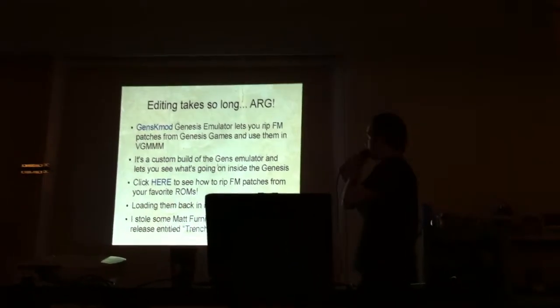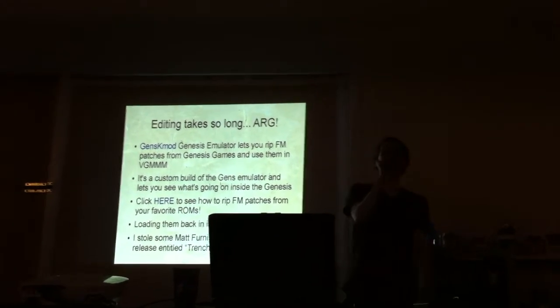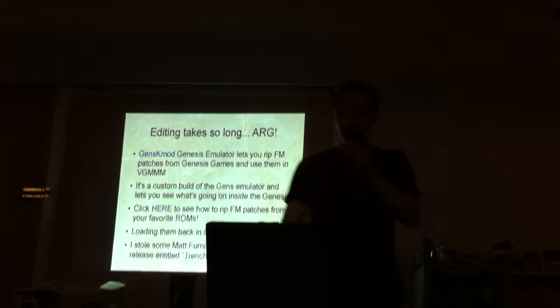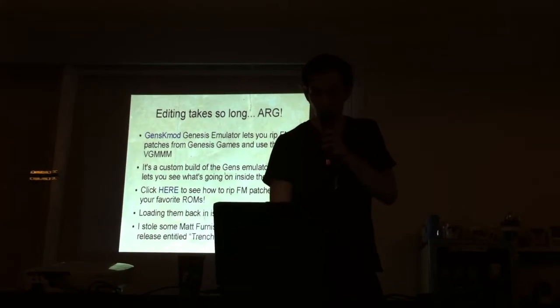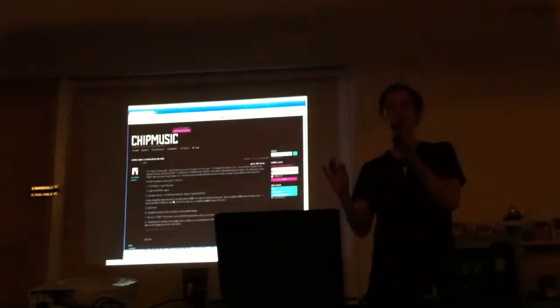Also, editing takes really long, and it kind of sucks if you have a specific thing in mind from a game. So you can actually just take those patches from games. I actually wrote a little thing on chipmusic.com, and it shows you how to rip the FM patches from the Genesis ROMs.